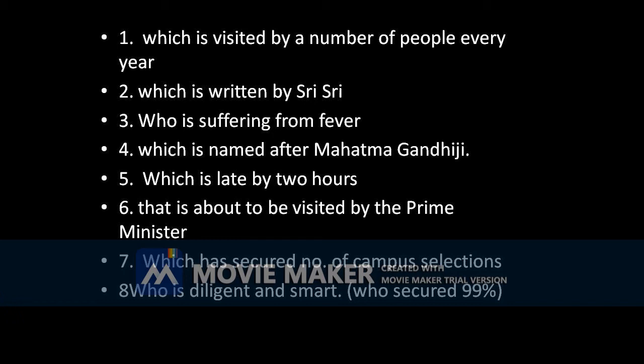I consider it a non-living thing, so I used which here. Where should I place this which? Immediately after the subject, a peaceful place. So the answer will be: this is a peaceful place which is visited by a number of people every year.